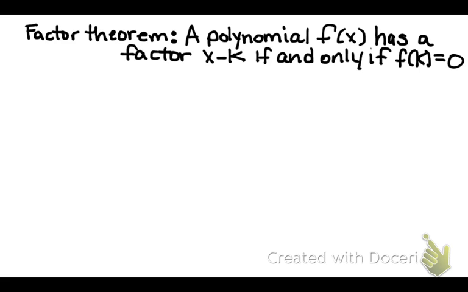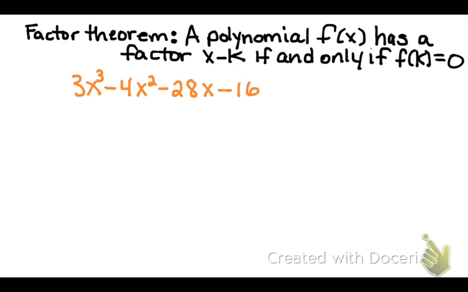So we would use this if we're given one factor and asked to find the others, or given one zero of a polynomial function and asked to find the others, or thirdly, when given one solution and you're asked to find the others. Let's look at an example.